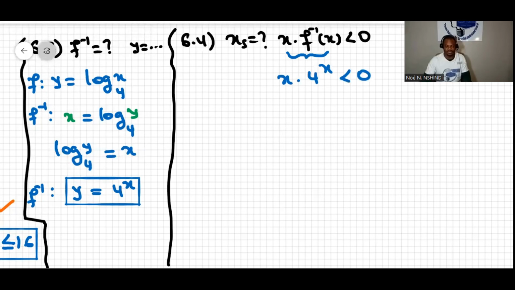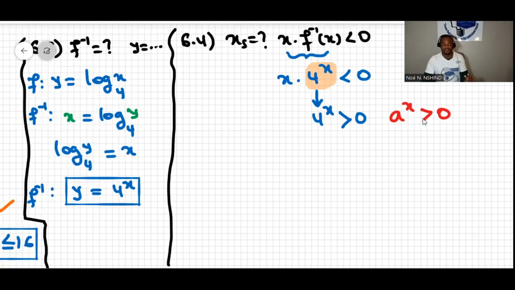It is important to note that this exponential function, 4 to the power of x, must always be positive, because all exponential functions are positive, regardless of the value of x. And then x here can be positive or it can be negative.